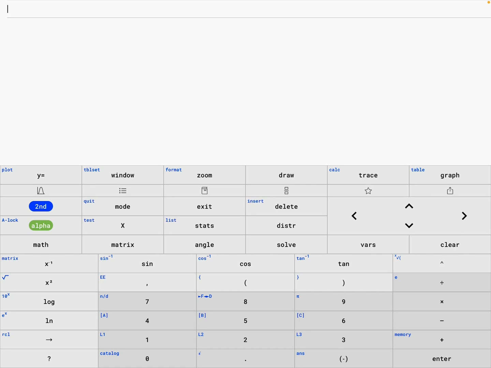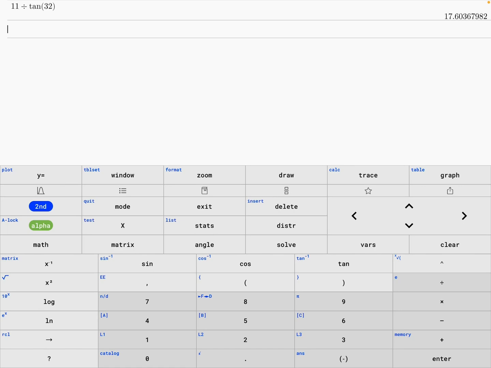Okay, so I'm going to type in what I had before, which was 11 divided by, and if you look two spaces above the number 9 on this calculator, you can see that I have a TAN button, which is tangent. And so I'm going to do tangent of 32 degrees.